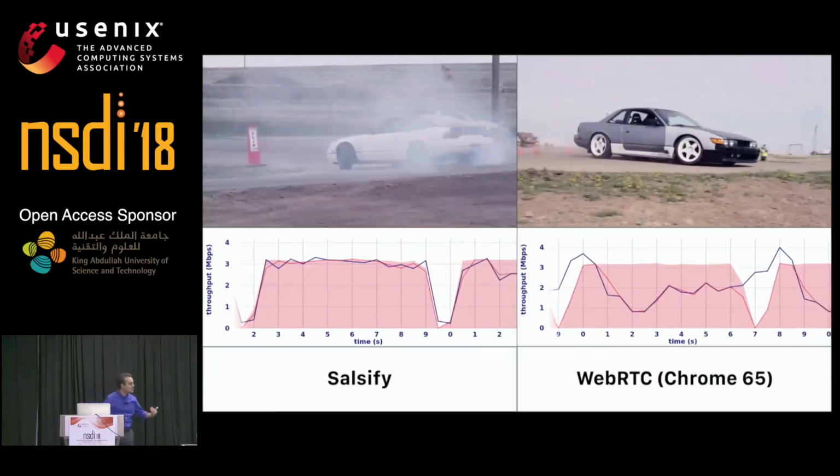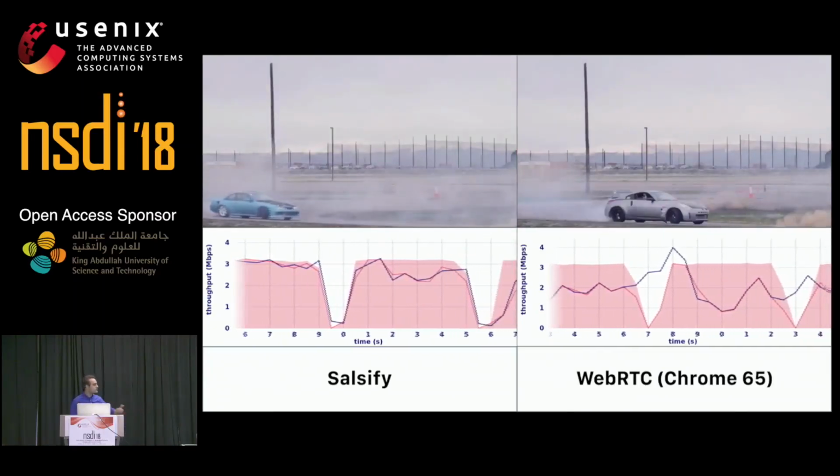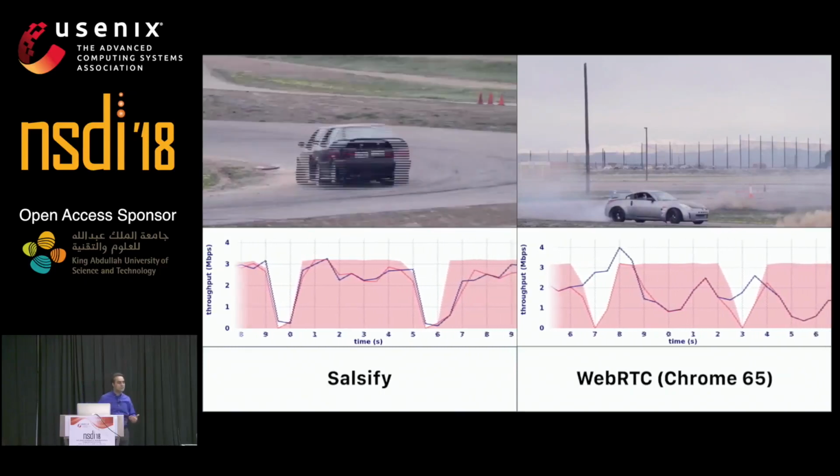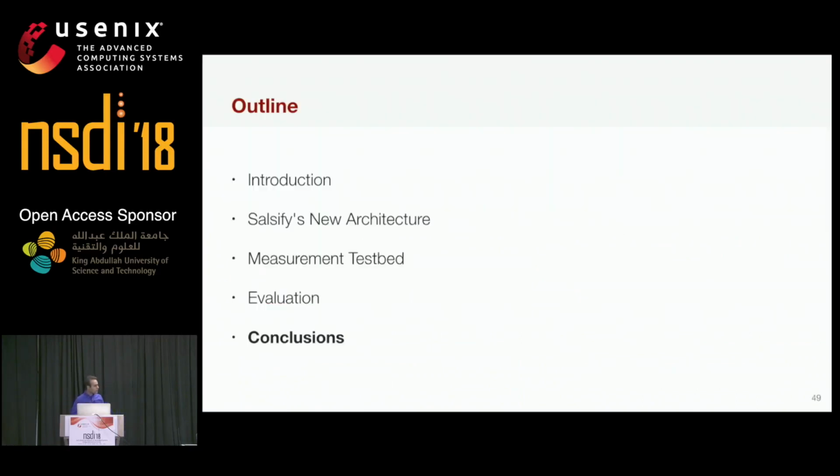So by reacting quickly to these changes in the network, like the losses, outages, or drop in the capacity, Salsify can actually avoid congesting the network, and it can react more quickly to the changing network conditions and can recover more quickly. OK.